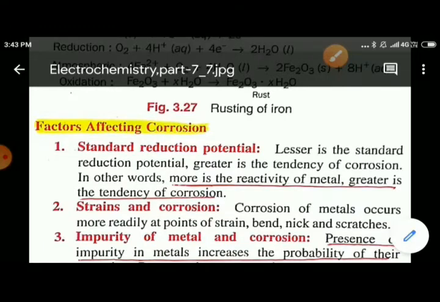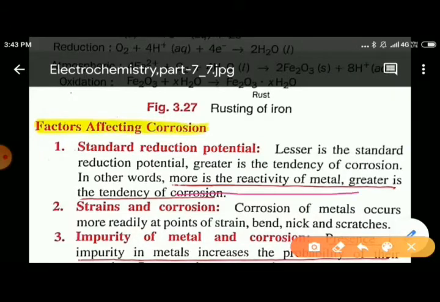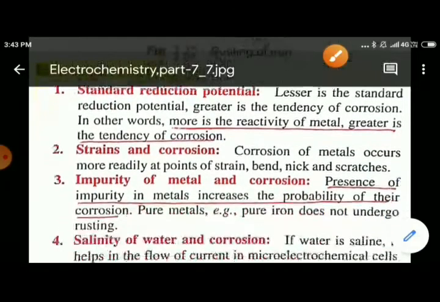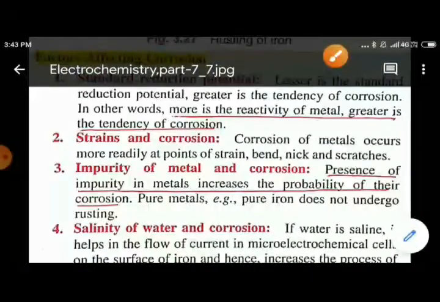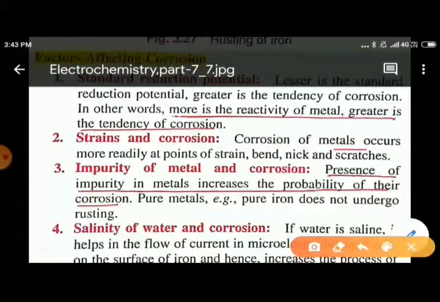In other words, the more reactive the metal, the greater the tendency of corrosion. Second point, strain and corrosion. Corrosion of metals occurs more readily at points of strain, bends, nicks and scratches.